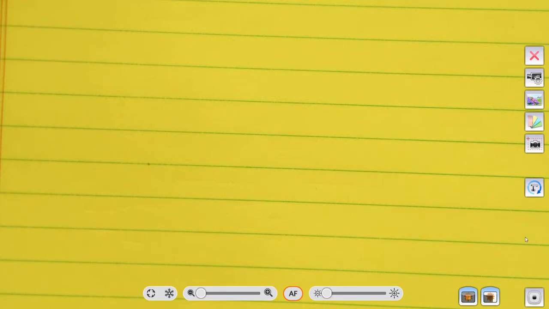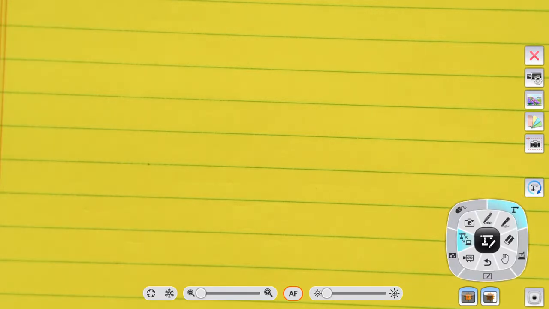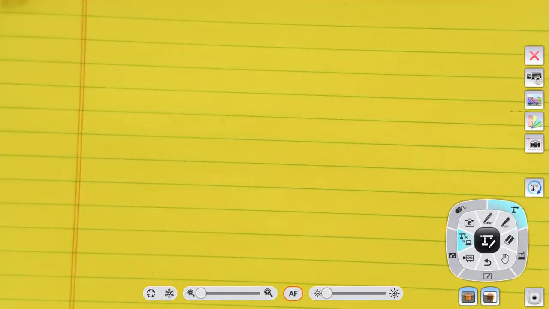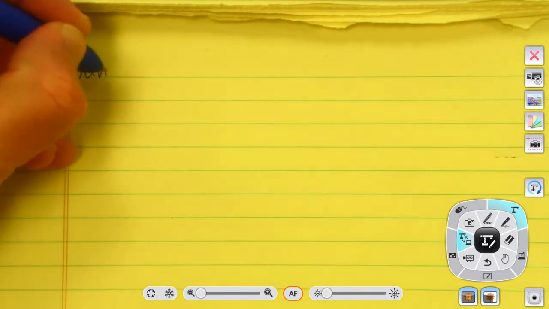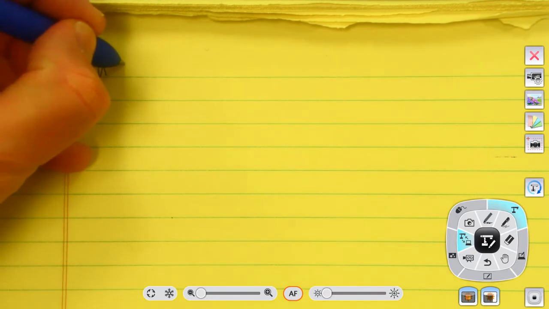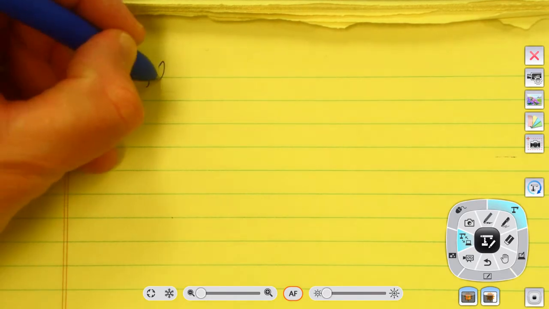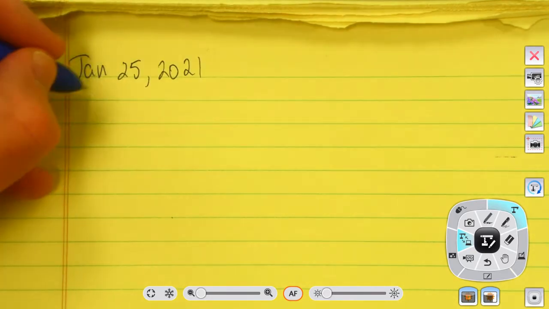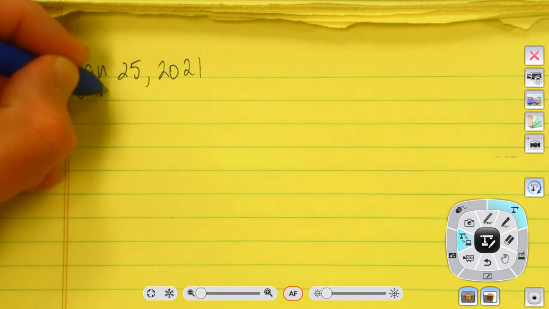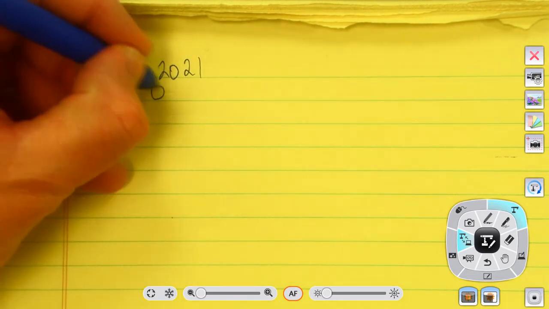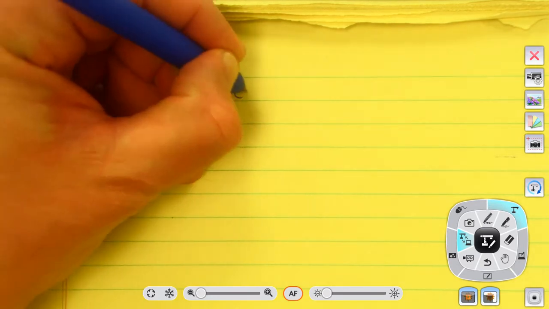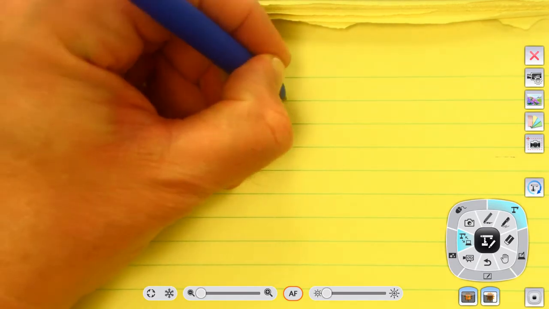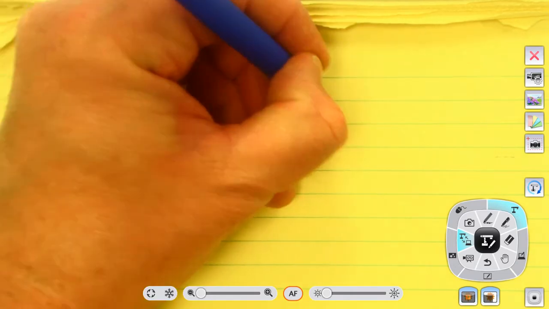So in your notes, what you want to write right now is today's date, which is January 25th, 2021. And what we're doing is we're solving quadratics using square roots.